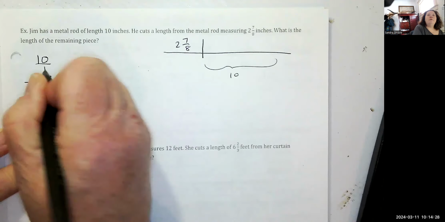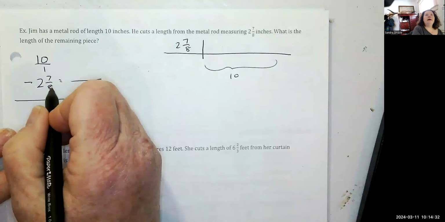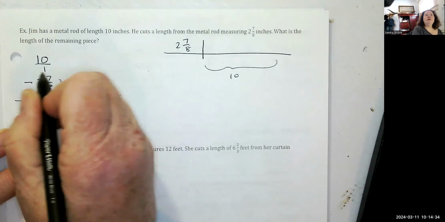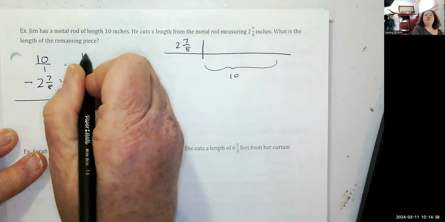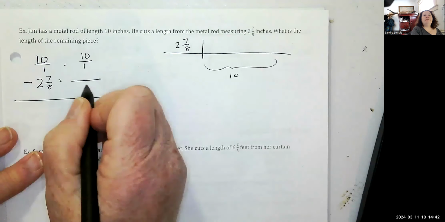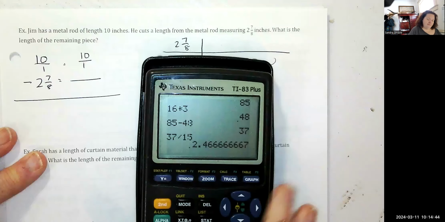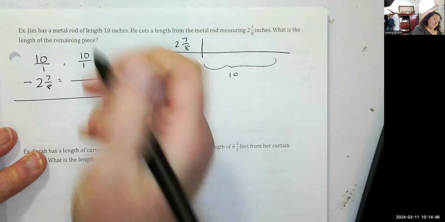This is 10 over 1, right? Because we can do that. I need to change this to an improper fraction. This one's already done improper fraction for us. 8 times 2 is 16. 16 plus 7 is 23.